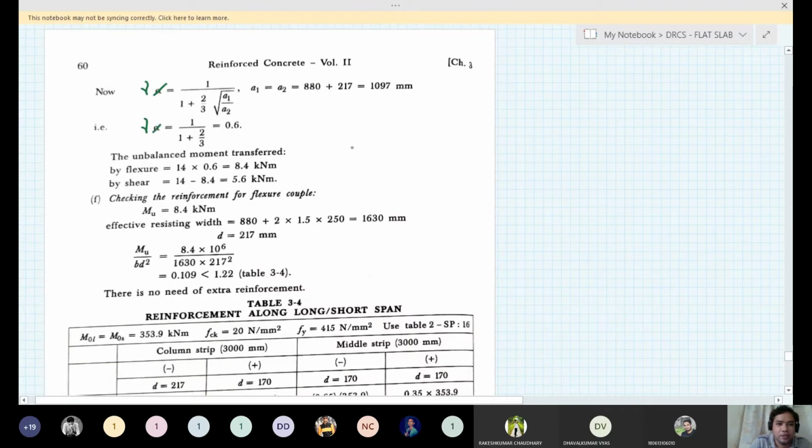So gamma is equal to 1 by 1 plus 2 by 3 root of a1 by a2, where a1 and a2 are the widths of the critical section.